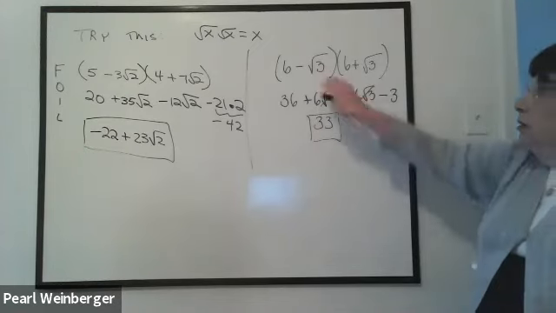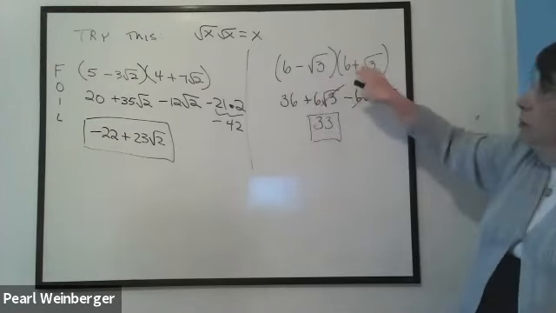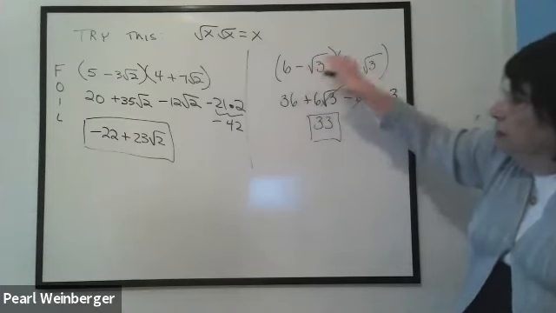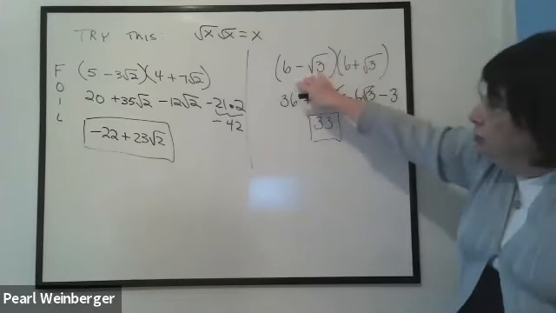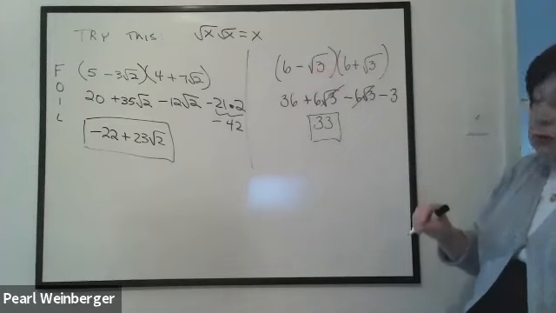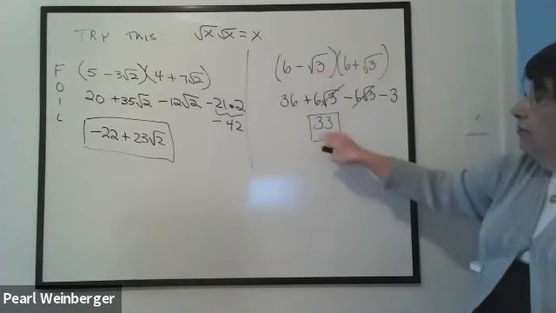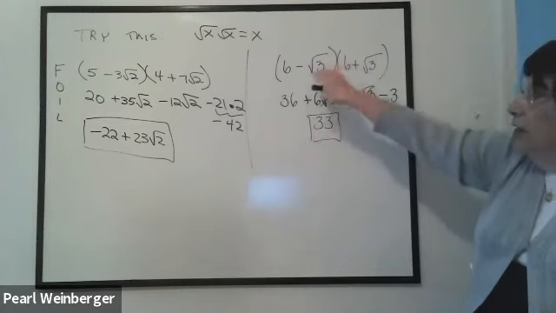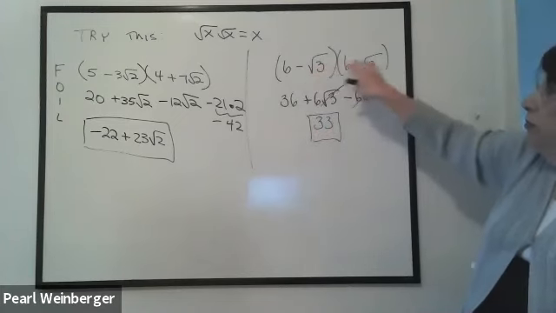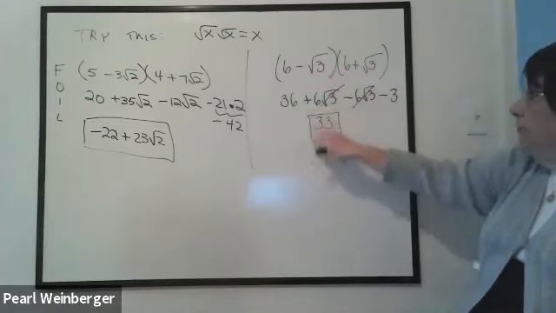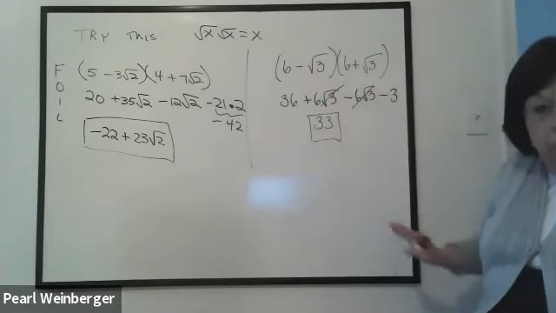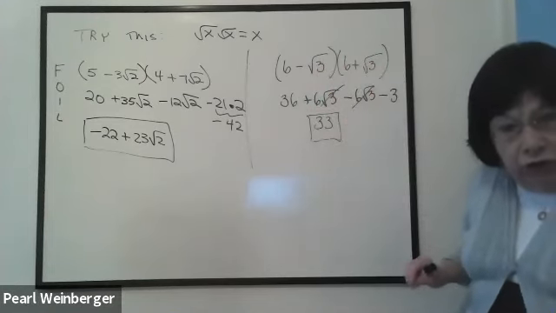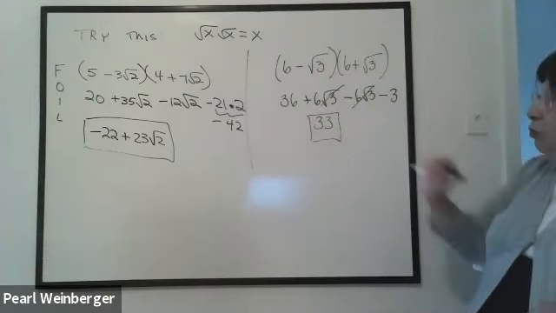Number one, when we multiply conjugate binomials that have radicals in it, my final answer does not have any radical. I had two binomials, I had square roots of 3, but my final answer was just a plain 33. It's a rational number. That's number one.